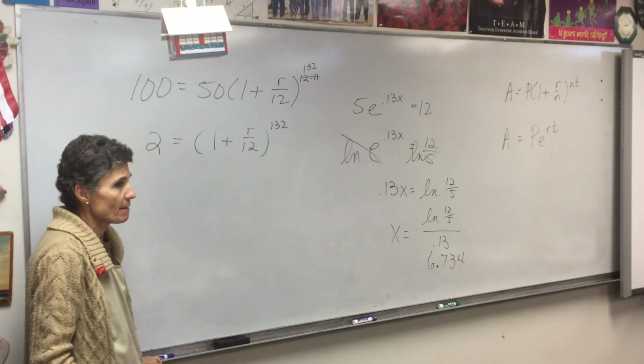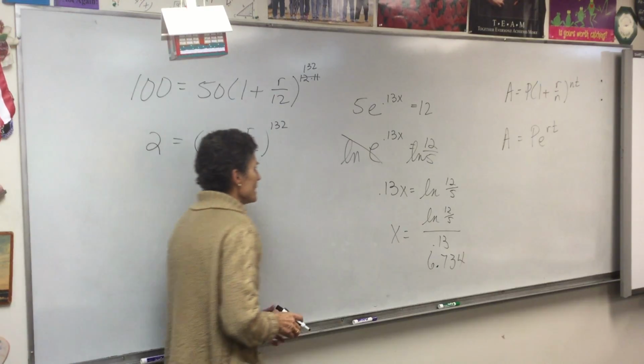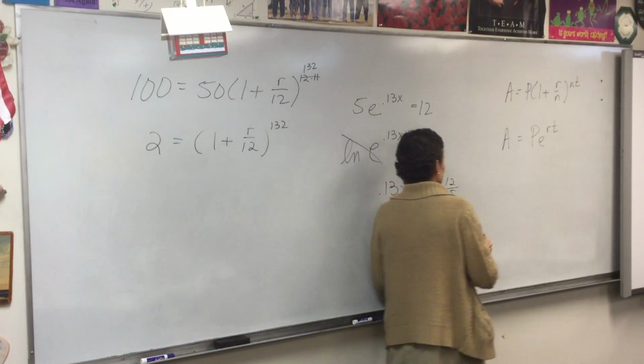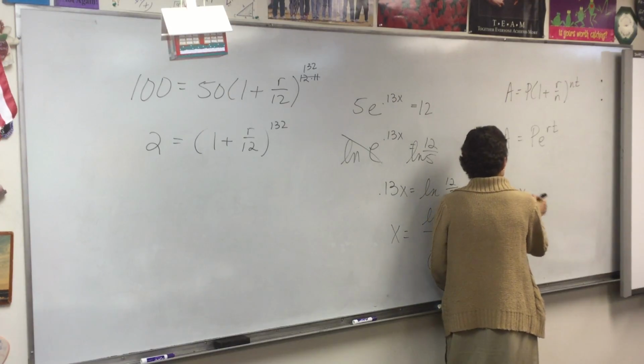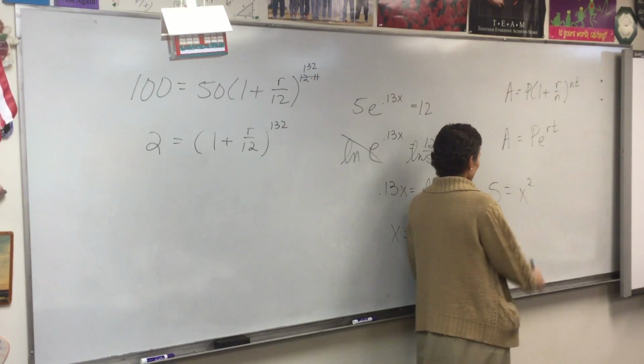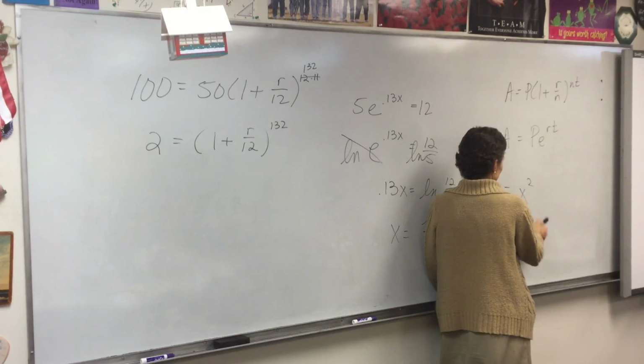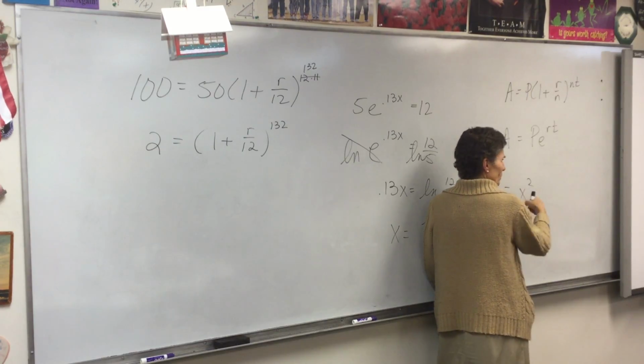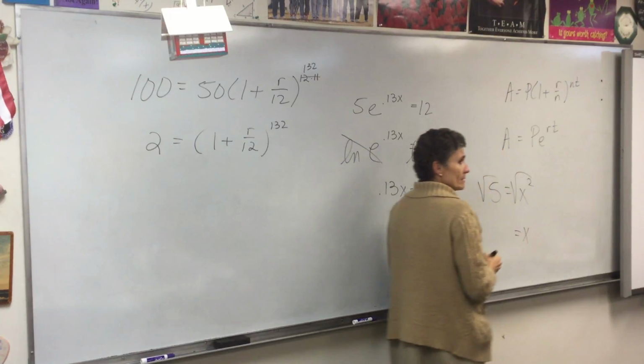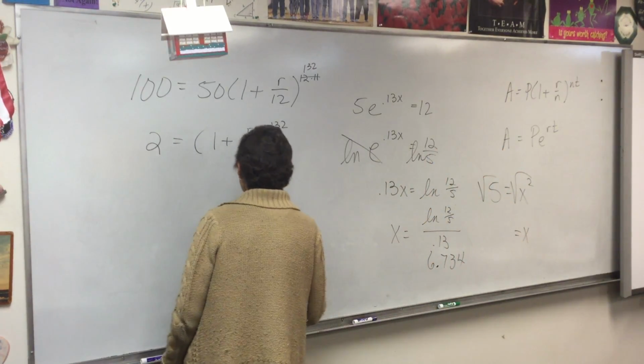This is big time math. I want you to think about something for a minute. If you had an equation where 5 equaled x squared or something like that, how would you get rid of that exponent so you could say x equals? We square root both sides, right? Well, guess what I'm going to do over here?